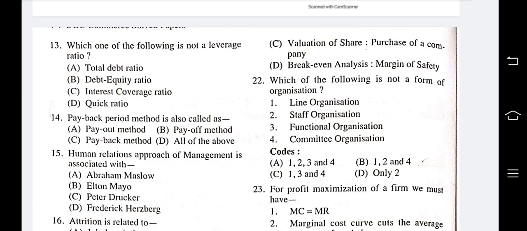Line, staff, functional, these three are examples of organizations. But committee organization is not a form of any organization. So here the answer should be 4. But in the codes option 4 is not available, so all the options are wrong. Here the answer should be 4.